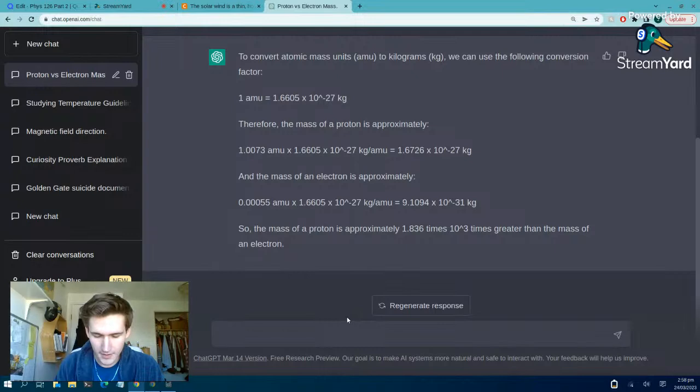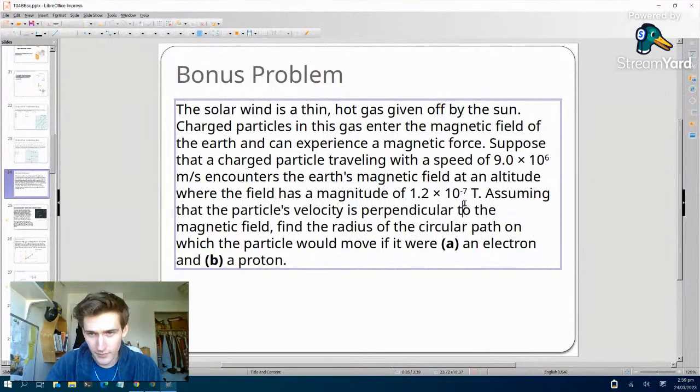So we're going to go 1.67 times 10 to the negative 27, times the velocity, which is 9 times 10 to the 6, squared, divided by the force, which is 1.73 times 10 to the negative 19.